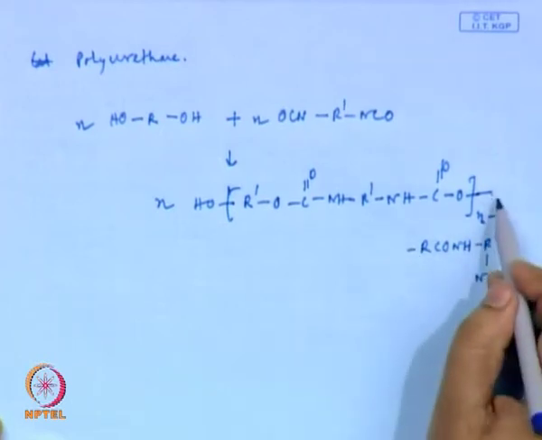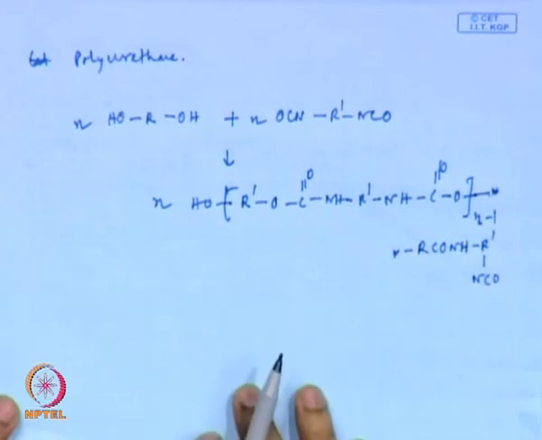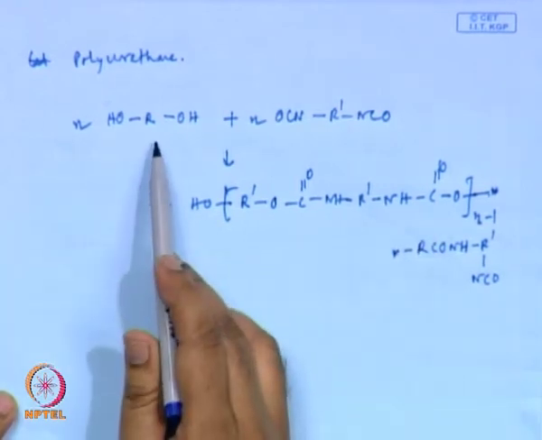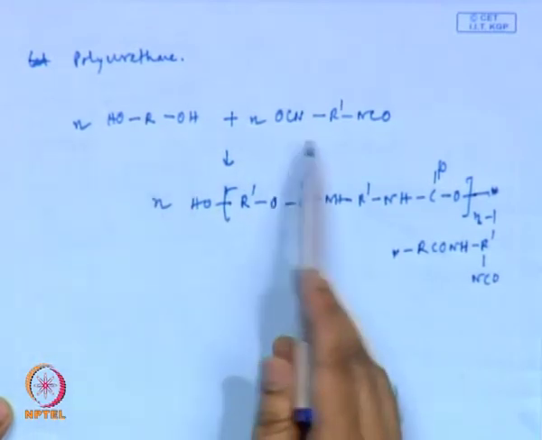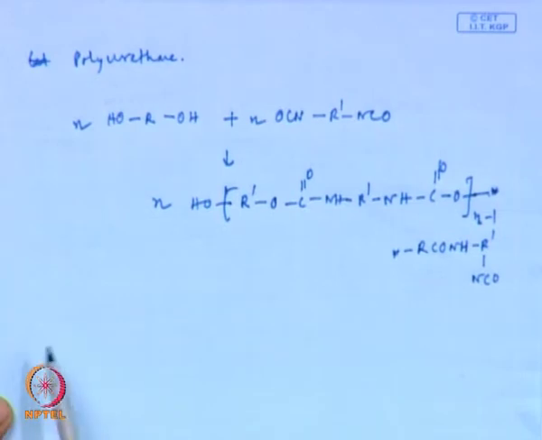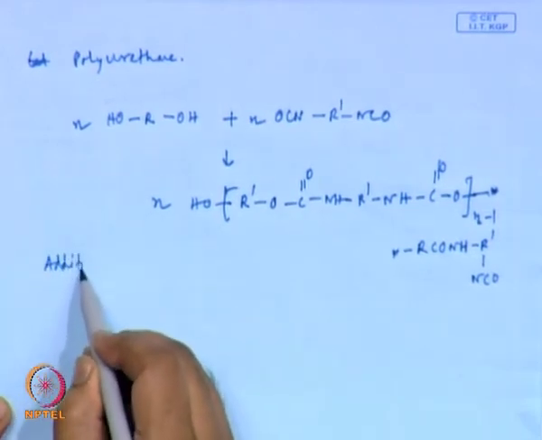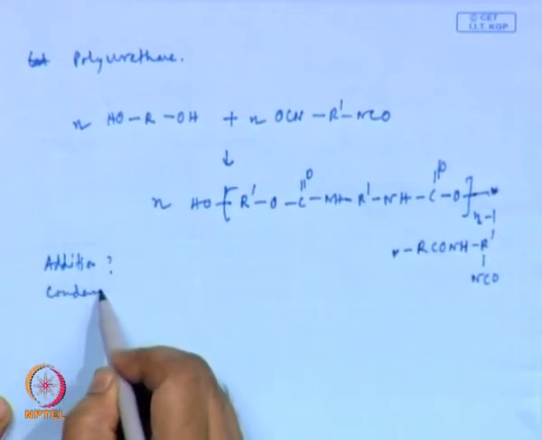Continue this here. So, this is a polyurethane which is synthesized from a diol and diisocyanate. Now, what do you call this, an addition polymer or a condensation polymer?